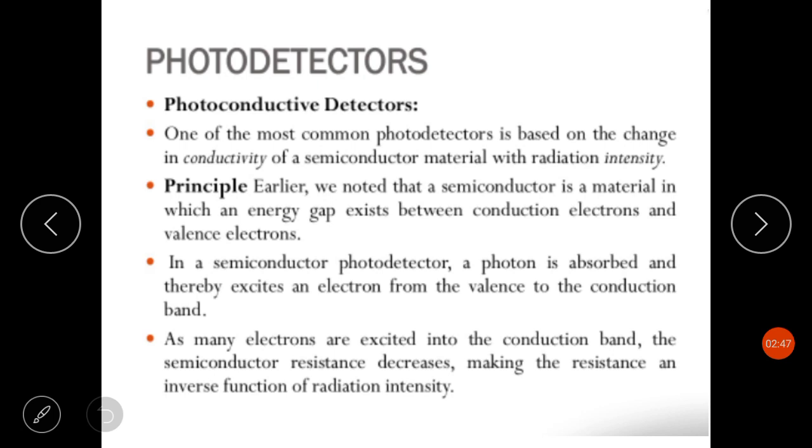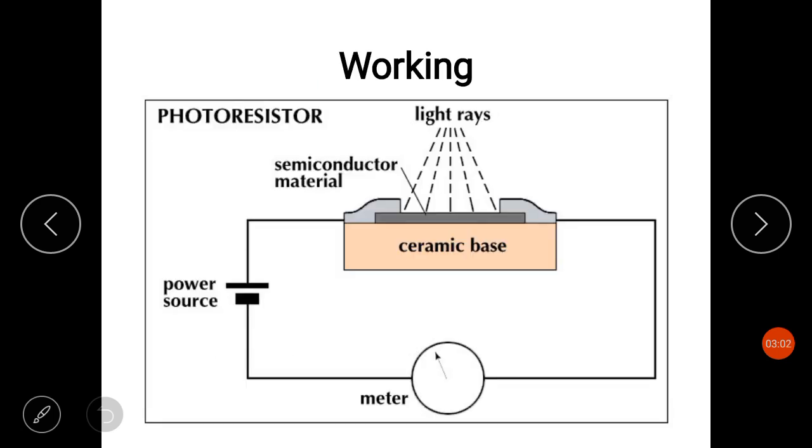So it is based on the principle that the resistance of certain semiconductor materials decreases when they are exposed to radiation. How? Let's see the working principle of the photoconductive cell, that is, how the resistance of semiconductor material actually decreases when exposed to radiation.